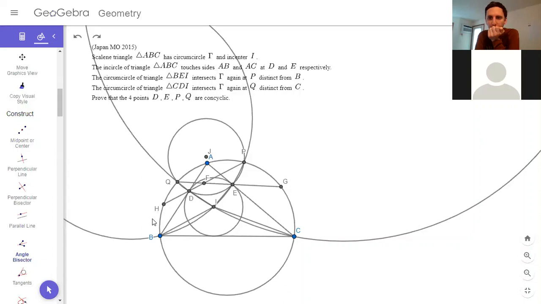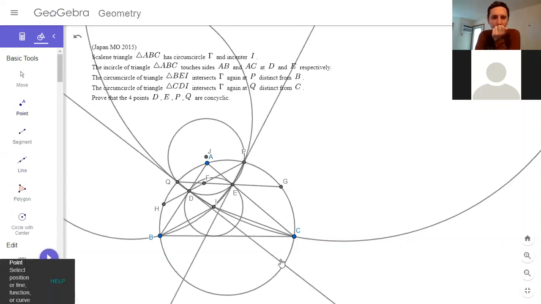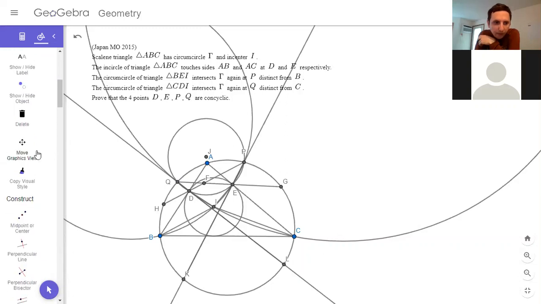Can you extend PE and QD? Yeah, I think that might be a good idea. GH is parallel to KL. Let's see.